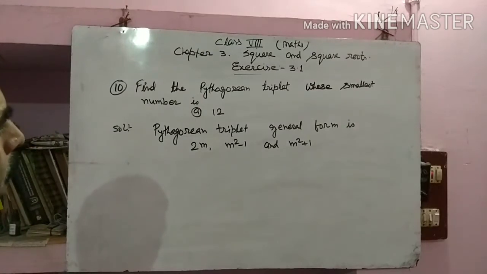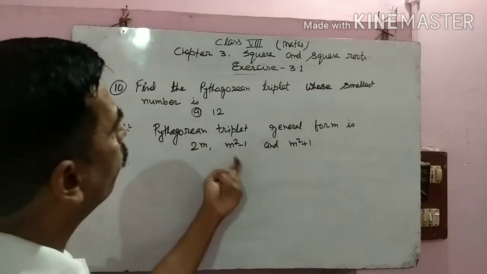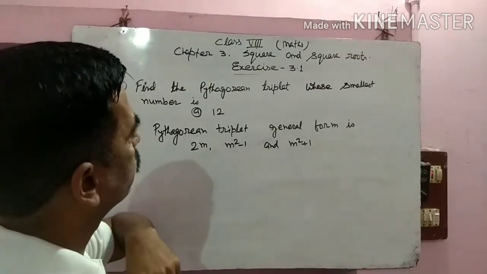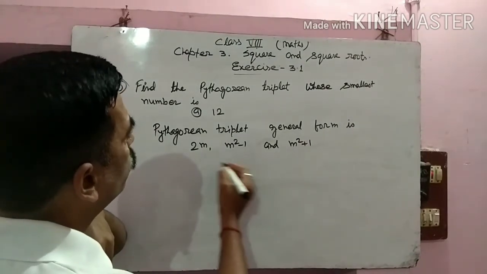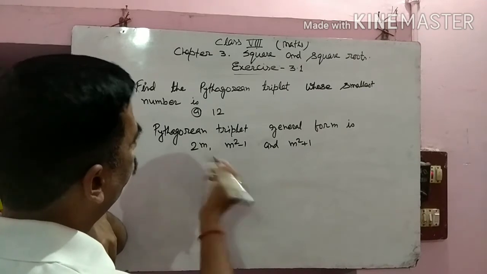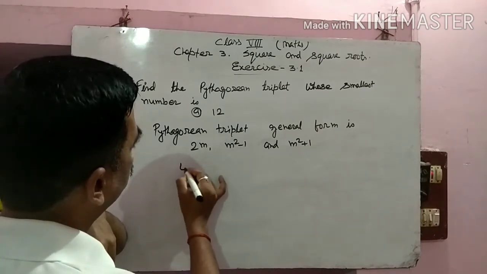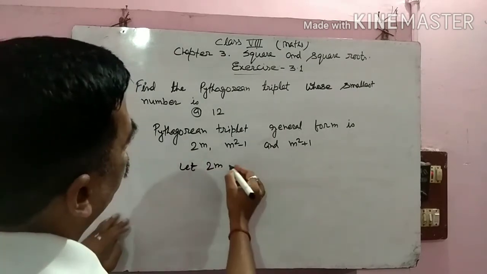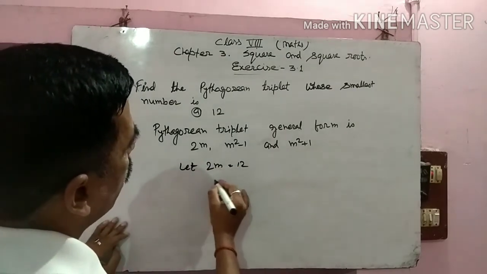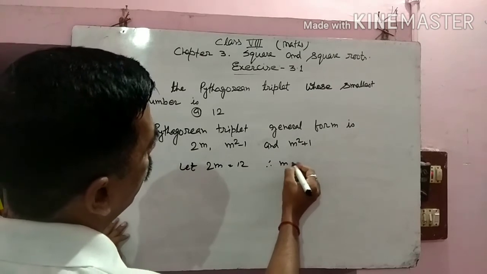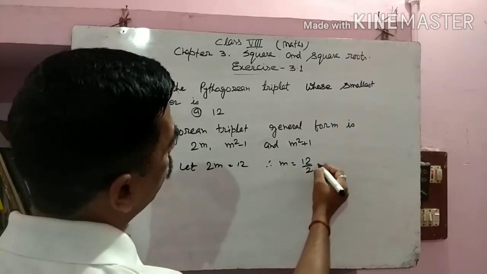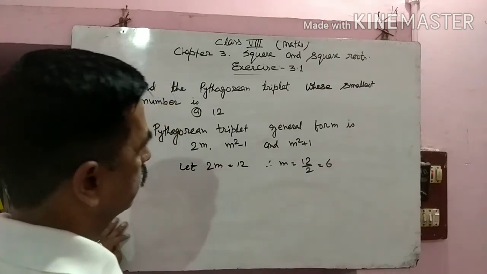So we have to see in which condition we will get the value of m. Okay, there are three different conditions given. So how to check? It's very easy to check. Let 2m is equal to 12, therefore m is equal to 12 by 2 is equal to 6.